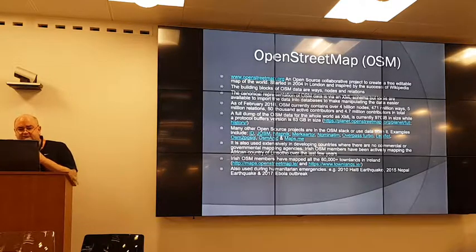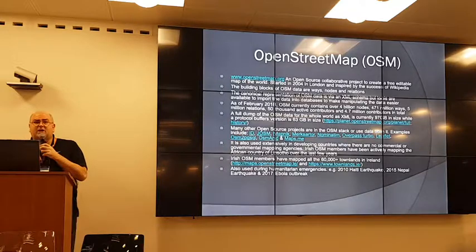So it's a vector database. The basic building blocks are nodes, which are a position, a lat long, and ways, which are effectively a collection or sequence of nodes. So an obvious example would be a street. And then you have relations, which are more complicated concepts, such as a bus route.